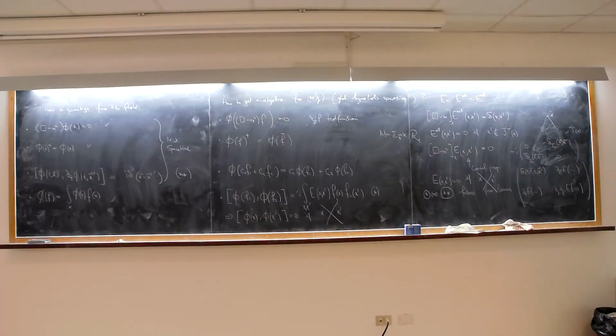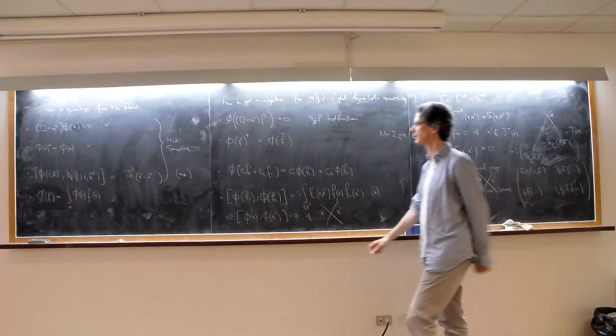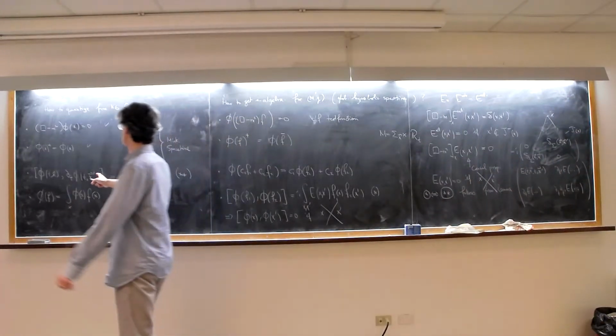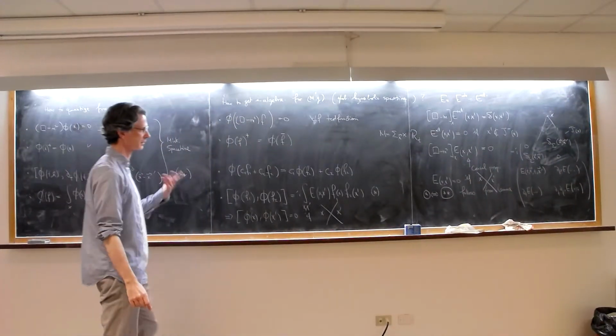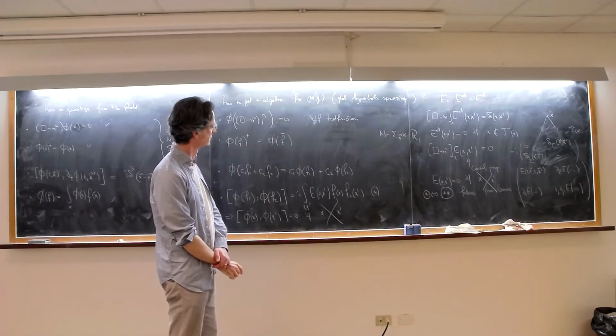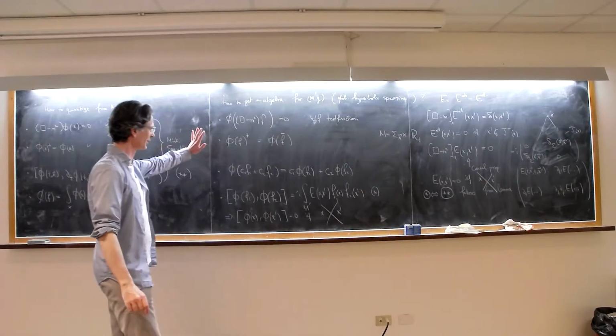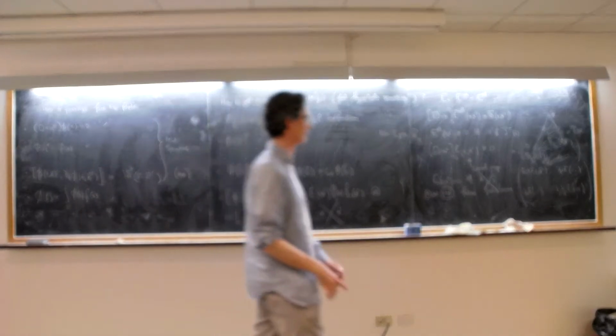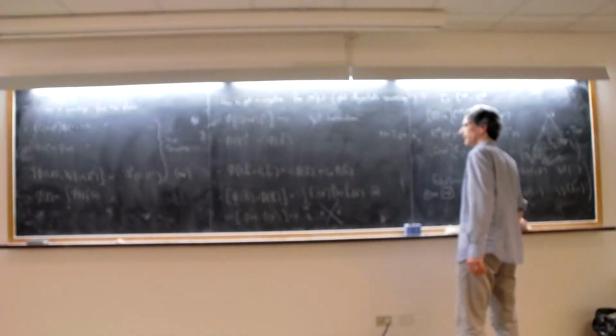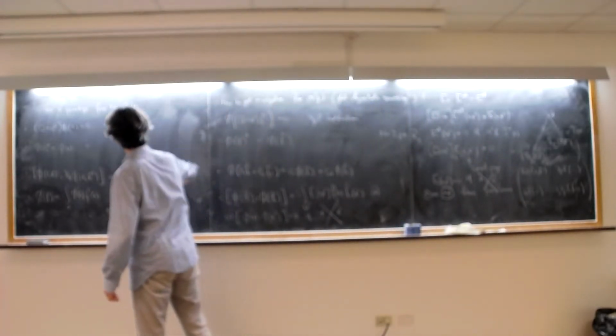So this may be a little exercise. You can work out why this kind of a condition implies equivalence of this and that. Okay, so this is how you can define the algebra. So I think I've explained where these relations come from.